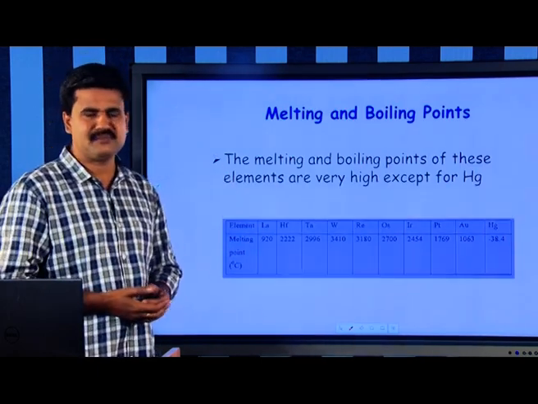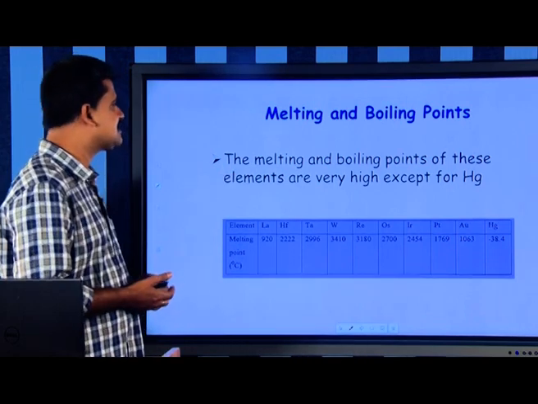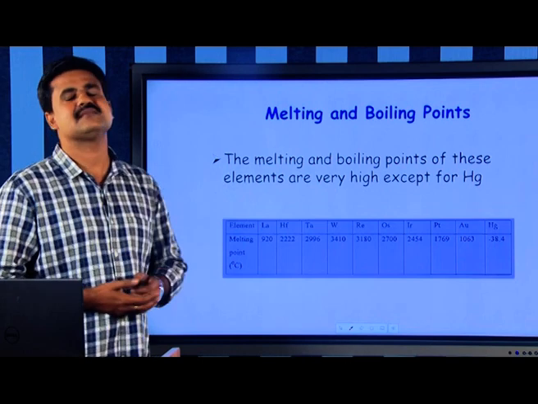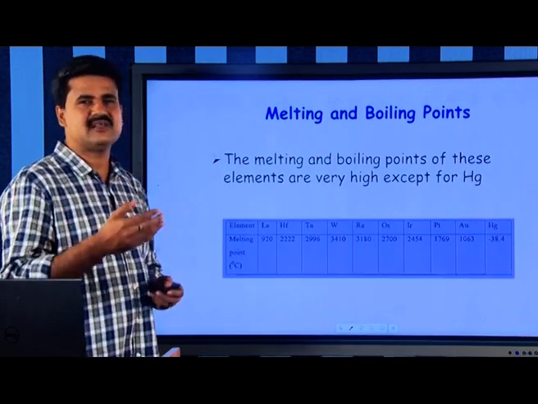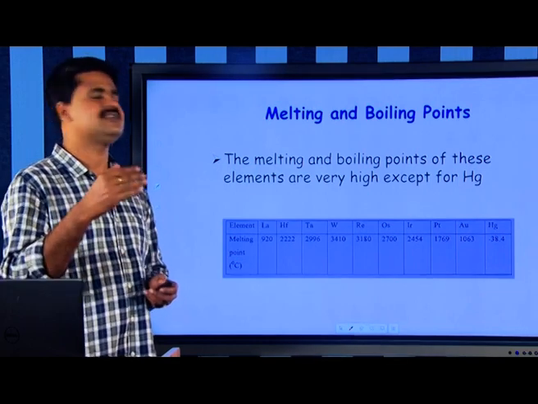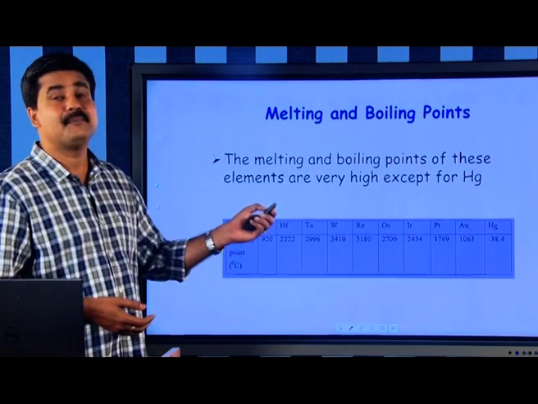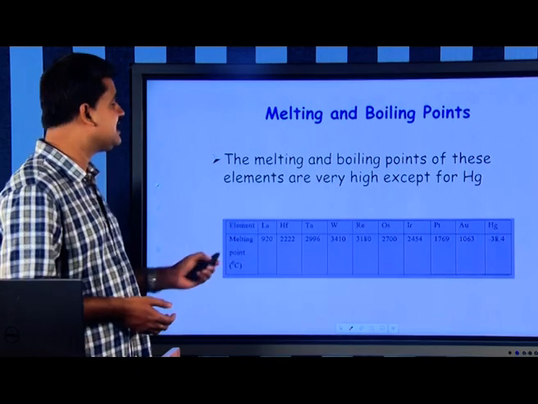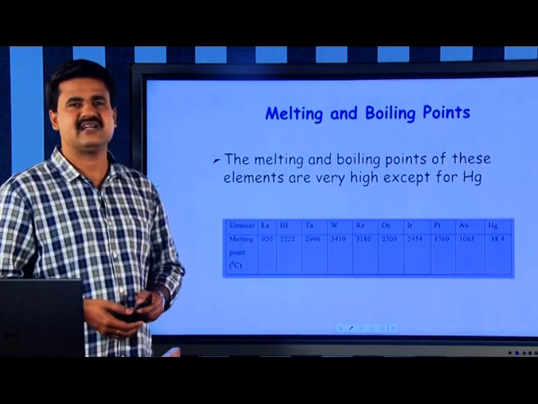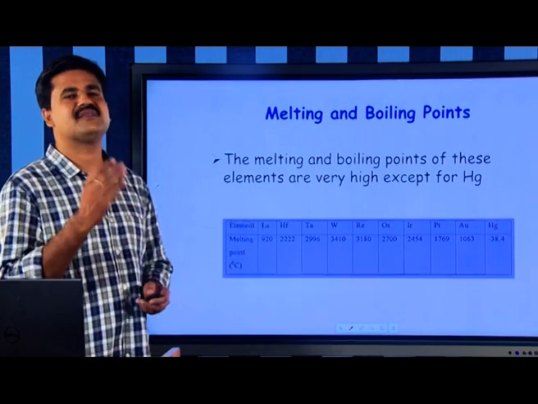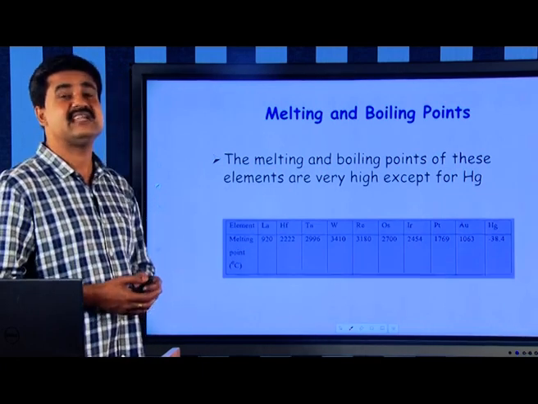Melting and boiling point. The melting and boiling points of the 5D series of metals are very high except for mercury. As I told you, mercury exists as a liquid. It is already in the molten state at room temperature. For mercury, the melting point is only minus 38.4 degree Celsius, but for other elements the melting point is very high. Just look at the melting point of tungsten, it is 3410 degree Celsius.